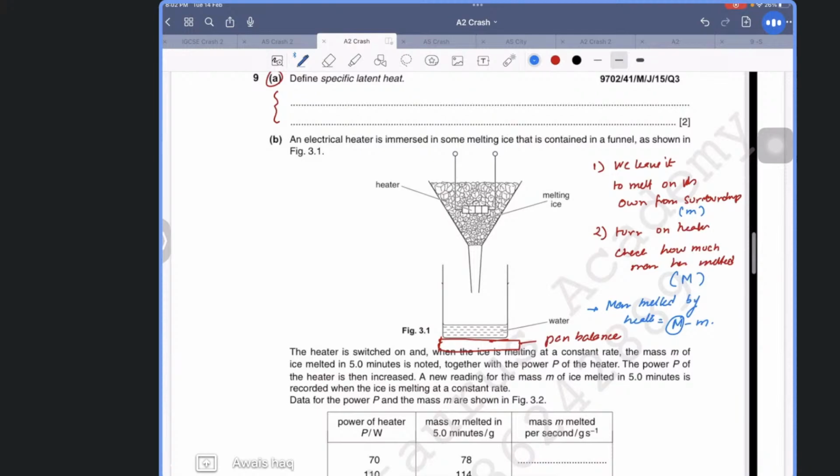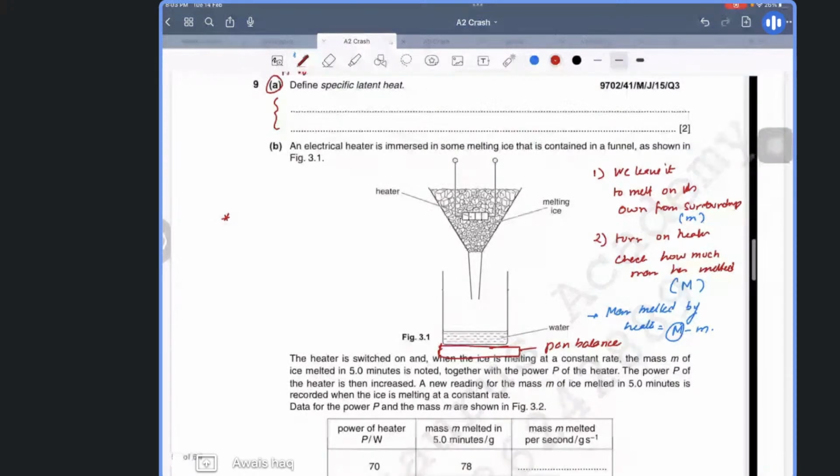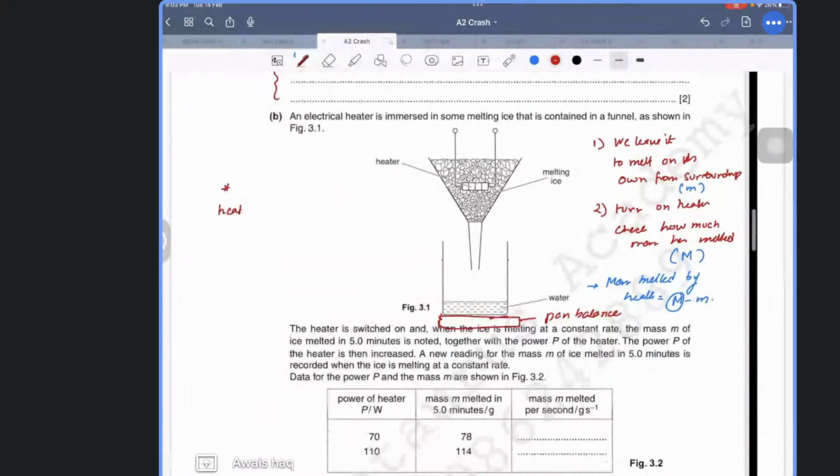Okay. Now, the other thing in this one is that usually the equation for latent heat of fusion of ice is a different one. In this one, we take heat from surroundings, because we're getting heat from the surroundings, not being lost, plus heat from heater, that goes into latent heat of fusion times the mass.